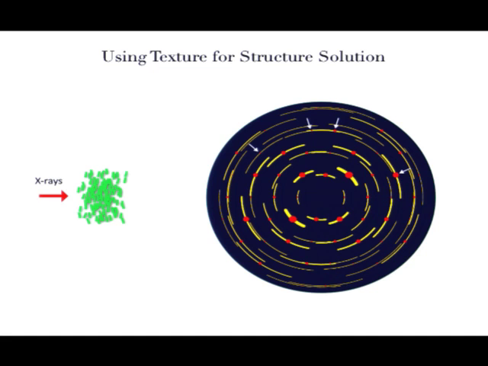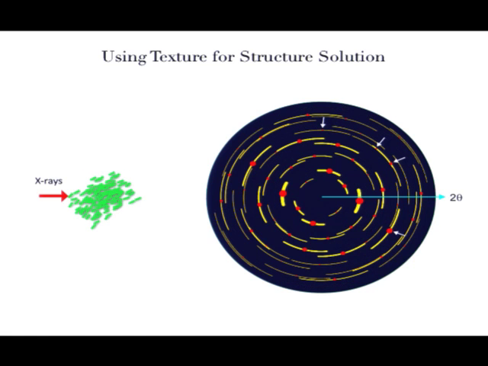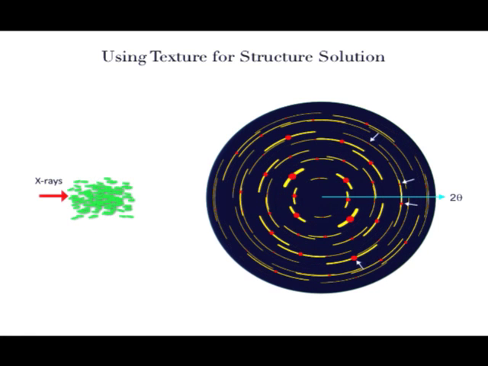And if I measure in this direction, I get some kind of powder pattern. If I rotate my sample, I get another powder pattern. If I rotate it again, I get yet a different pattern. That's how we can analyze the texture pattern.